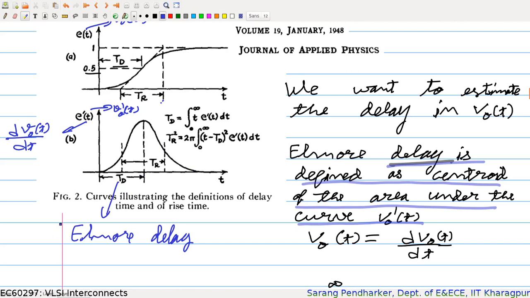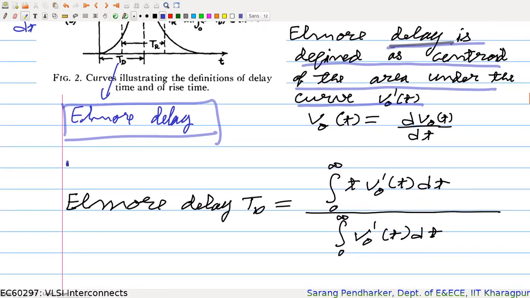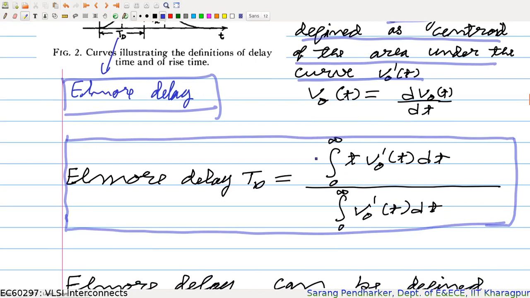My Elmore delay is the centroid of the area under this curve, which is the time derivative of my output voltage. So basically what he said was Elmore delay TD. He didn't use the term Elmore, but he defined this as the delay, and that is an integral.